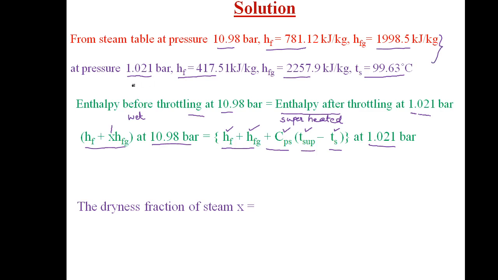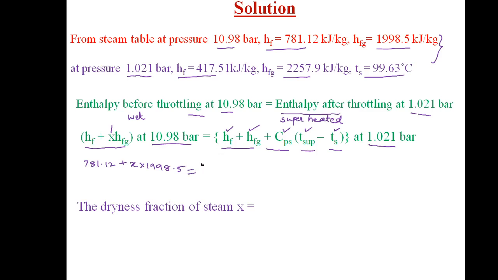Substituting these values in the above formula: before throttling, the enthalpy is 781.12 plus dryness fraction x, which we don't know, times 1998.5, and this is equal to the enthalpy after throttling.